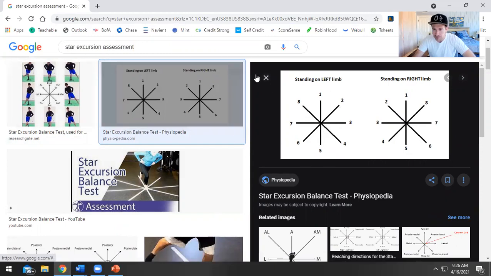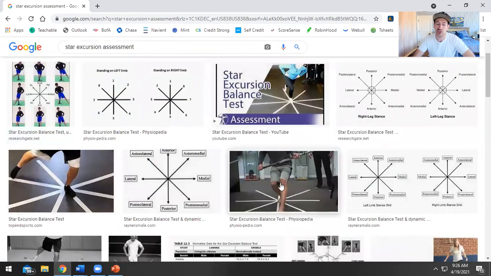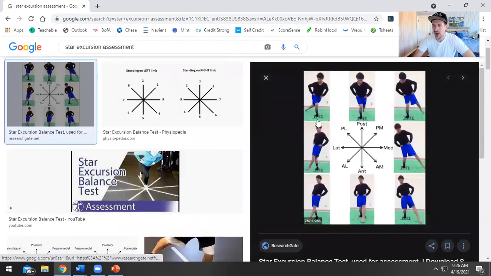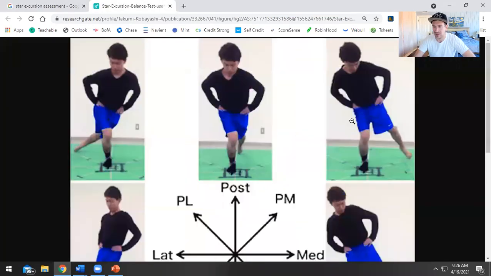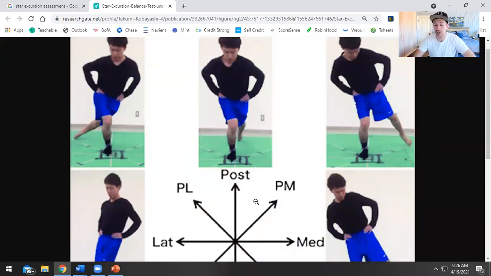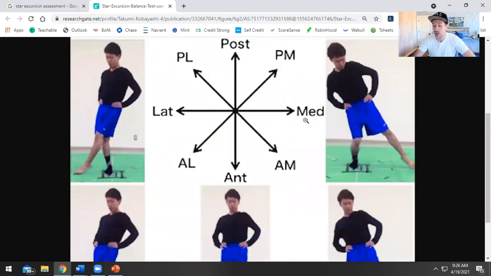And what you're going to do is measure how far away they can reach, which you're not really seeing in this picture here. I mean, you can kind of see it if you look closely: they've got it marked on the floor there, and there are these lines. You're measuring how far this person can reach at every specific angle.